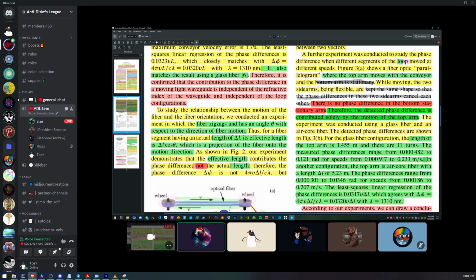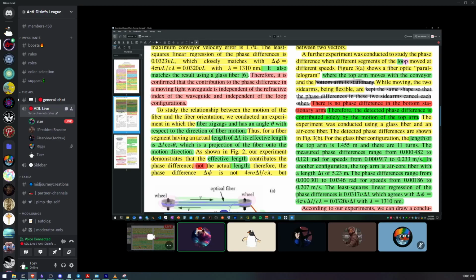In another configuration, the top arm is an air core fiber with a length delta L of 5.23 meters, and the phase difference ranges from 0.000301 to 0.0346 radians for speeds from 0.00186 to 0.207 meters per second.